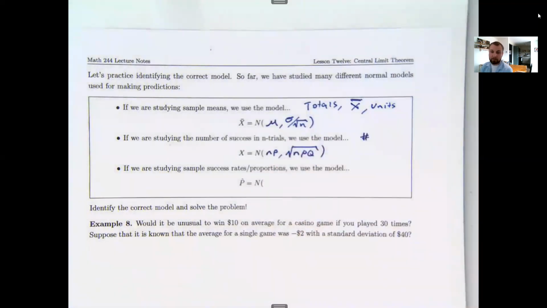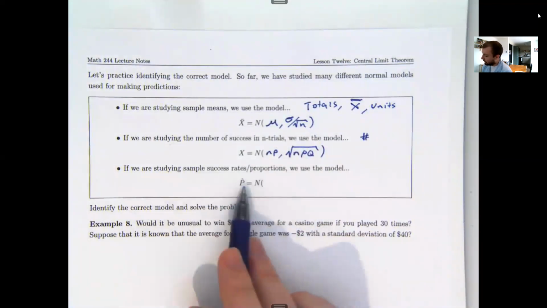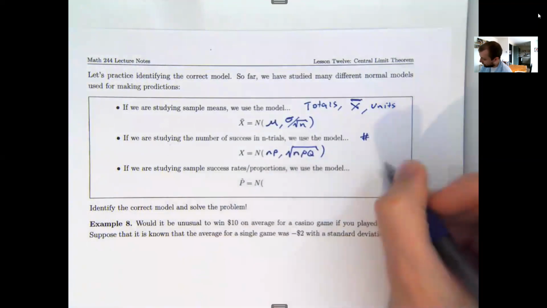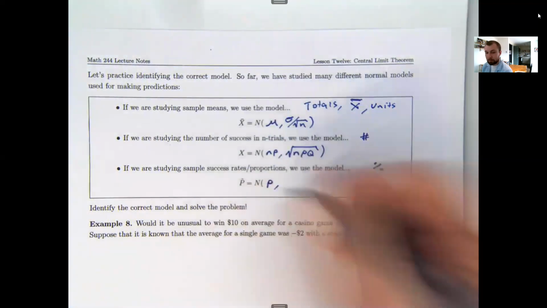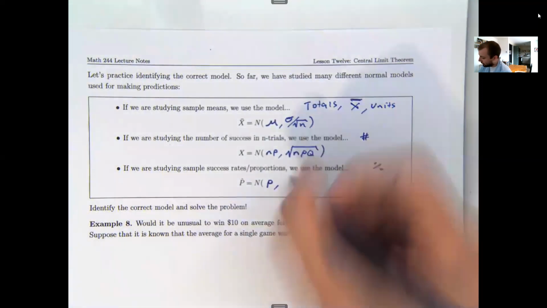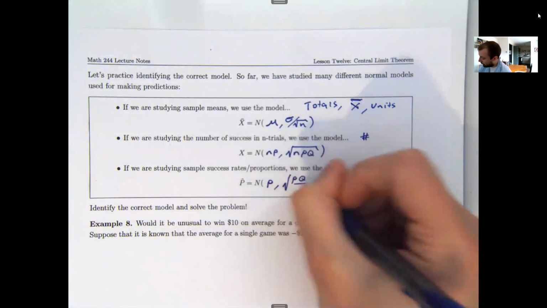That was the normal approximation for binomials. Finally, if I'm dealing with something involving percentages, my p-hat model is normally distributed with the center of p and the standard deviation of the square root of pq over n.